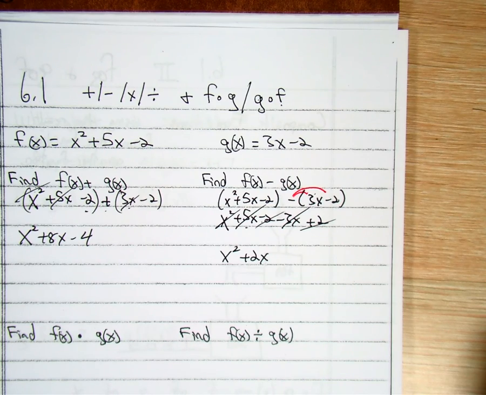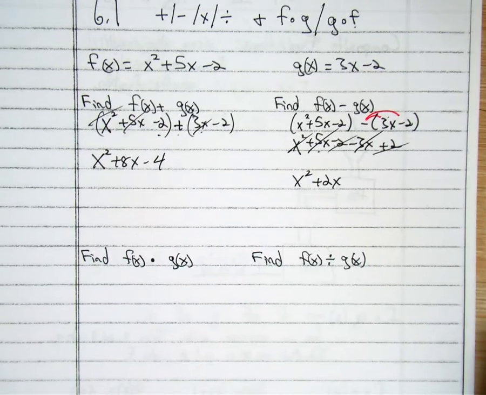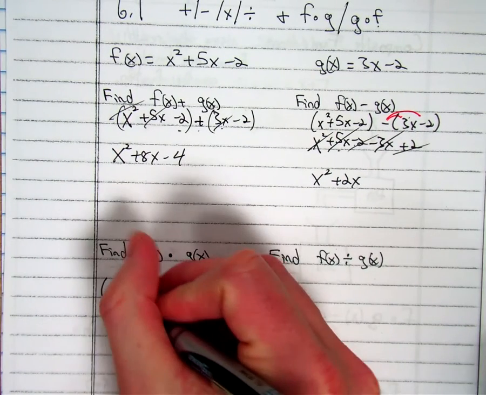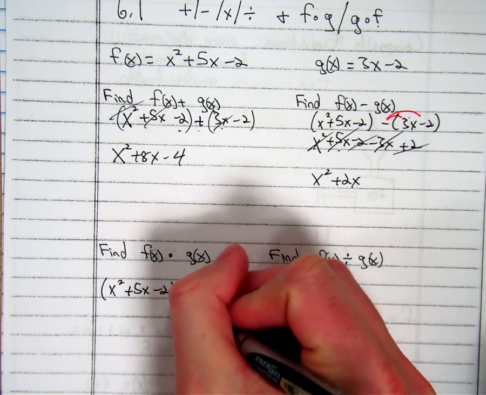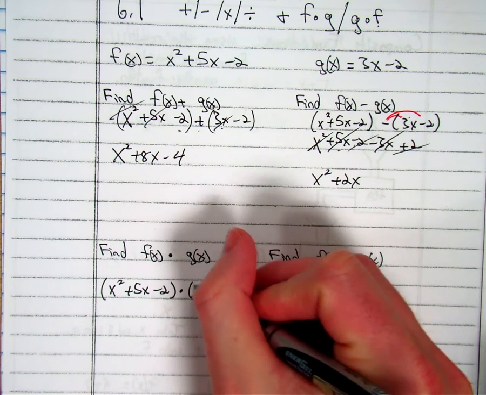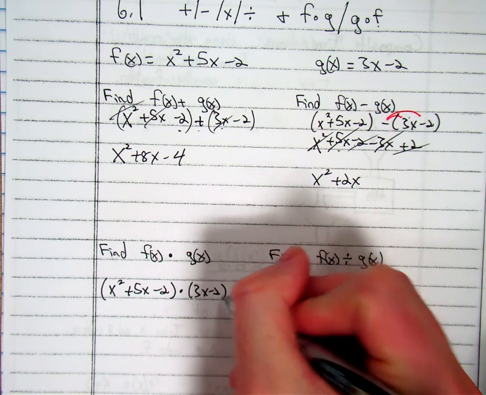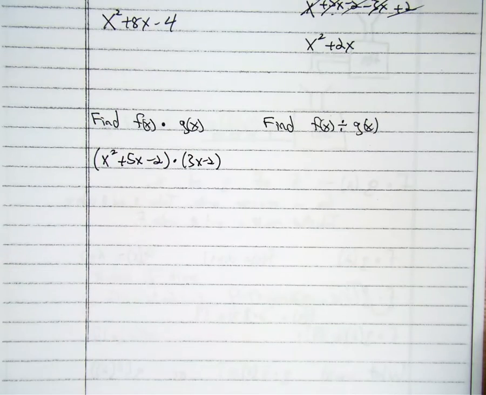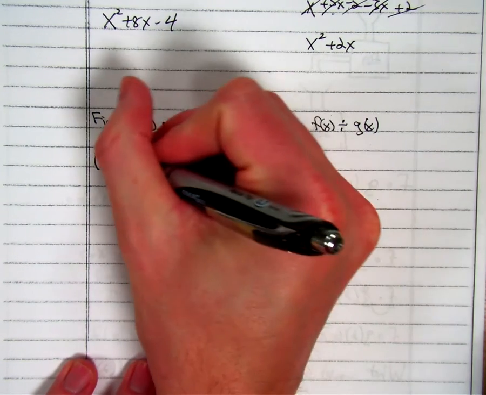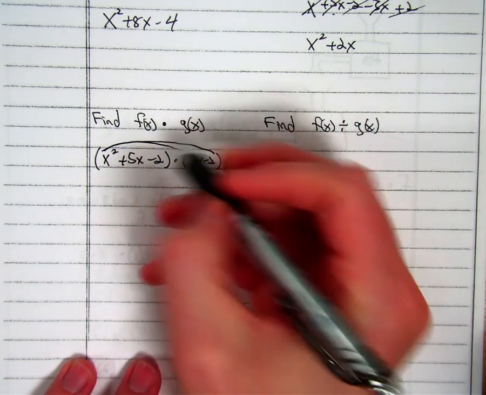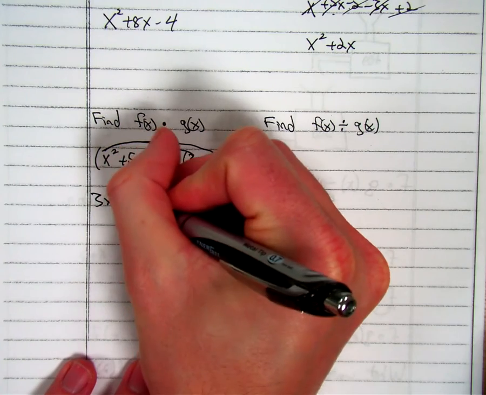Multiplying f of x times g of x. So we have our x squared plus 5x minus 2 times 3x minus 2. We've just got done doing something like this in the last unit. We're going to take x squared to both. X squared times 3x is 3x cubed.